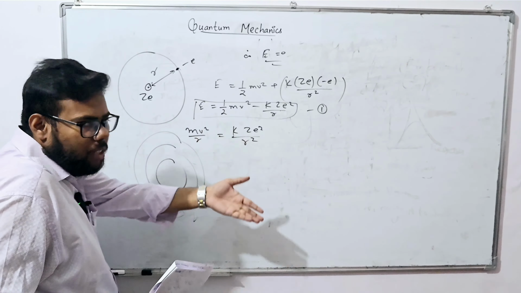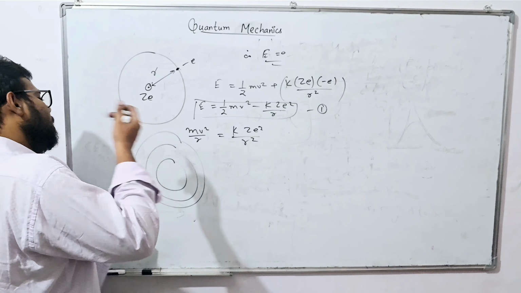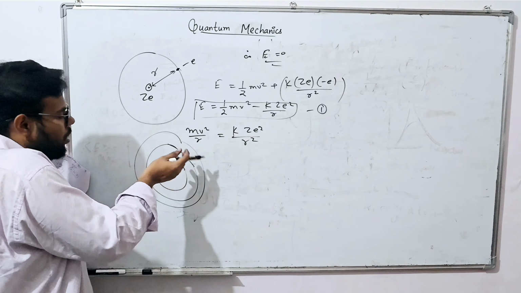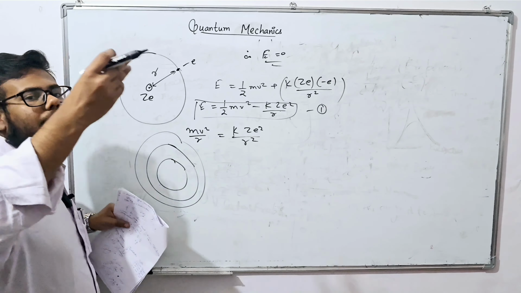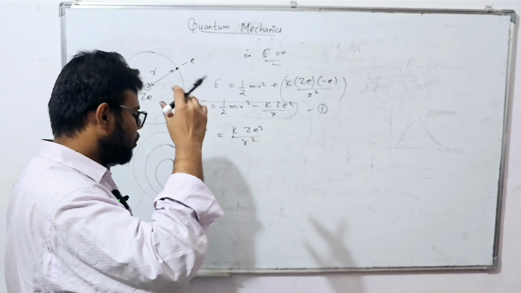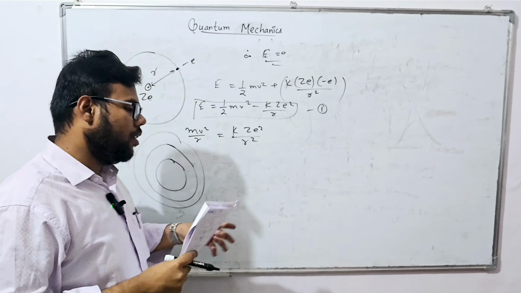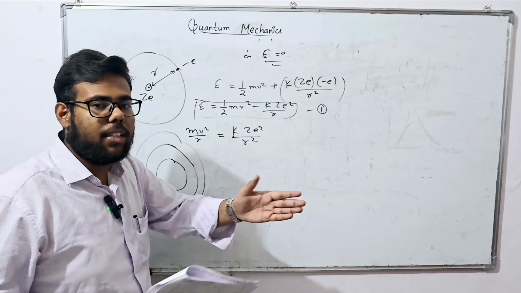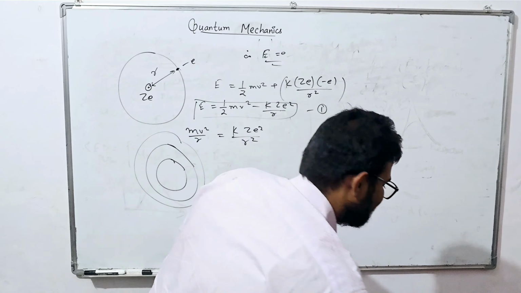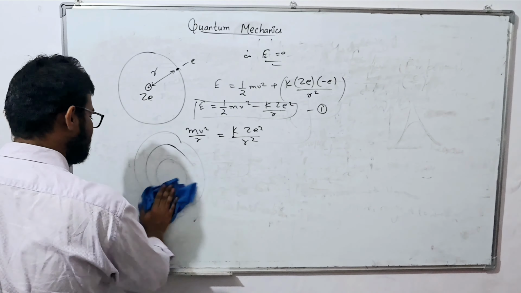That is the basic idea of Niels Bohr, and he stated that when the electron is in this orbit, it will neither emit nor absorb any kind of energy, right? And that played a significant role in explaining the stability and the spectrum of the hydrogen atom, right? Okay, so basically this is the thing.